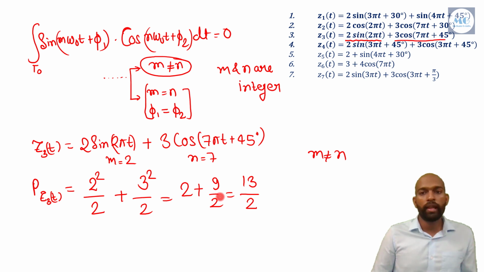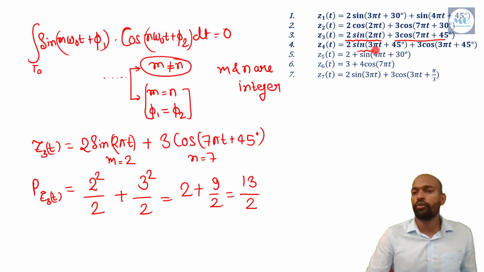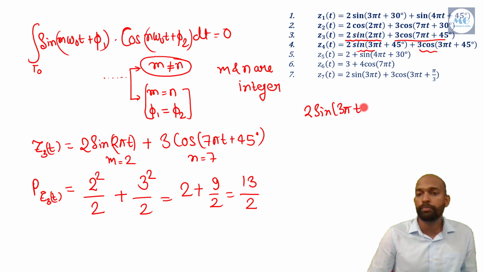So it's very simple. Now let's move into the fourth question. The fourth question is also a summation of sine and cosine function. We can see here, and here what are the functions? 2 sine(3 pi t plus 45 degree) plus 3 cos(3 pi t plus 45 degree).